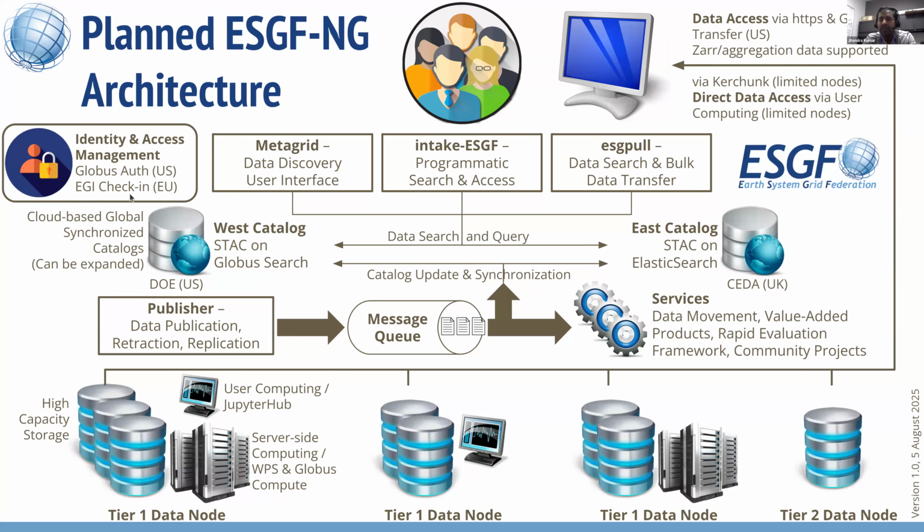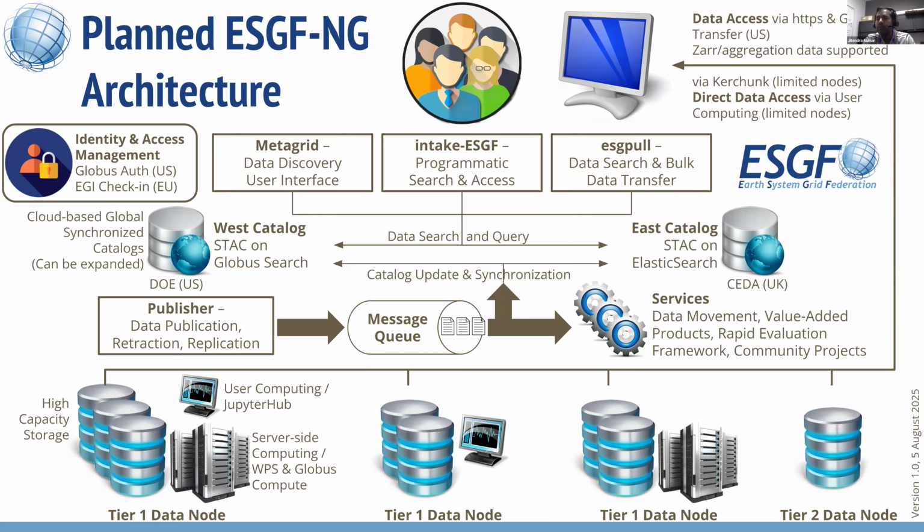As well as some new capabilities to provide user computing services, as in having some computational capabilities where a user doesn't really have to download any data, but rather has a JupyterHub type environment where you can come, log in, and load up the data, which is right there residing next to the system, and work with it.